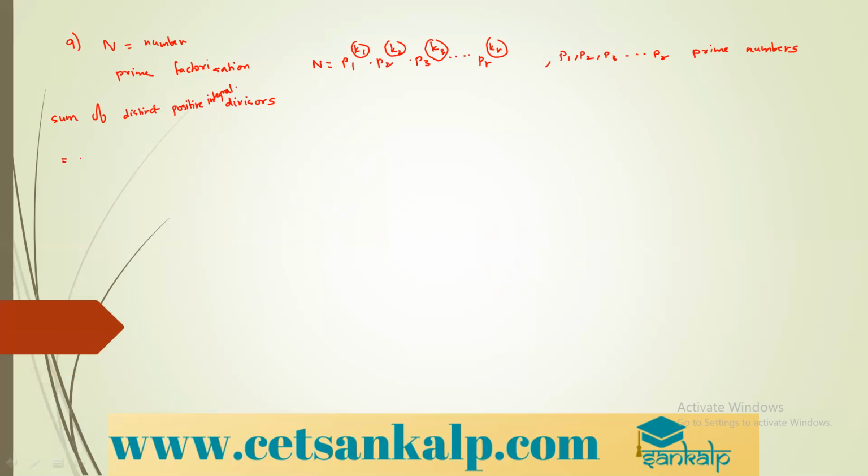So the formula for that is the prime number p1 power k1 plus 1 minus 1 by p1 minus 1, into p2 power k2 plus 1 minus 1 by p2 minus 1, into, like that, pr power kr plus 1 minus 1 by pr minus 1.